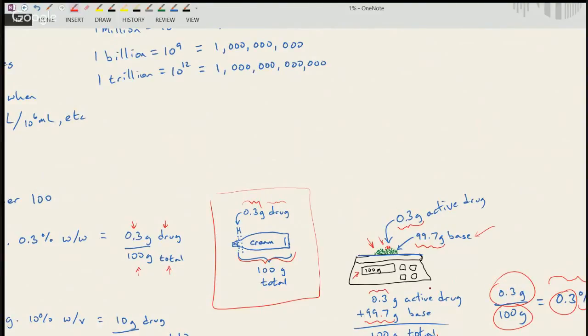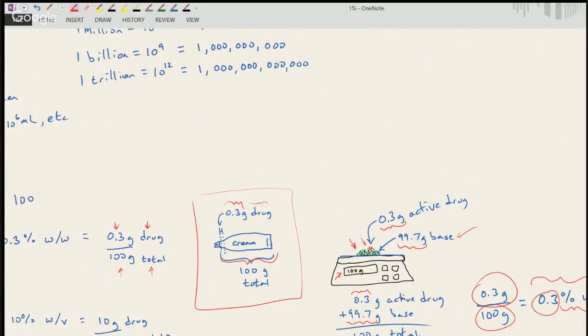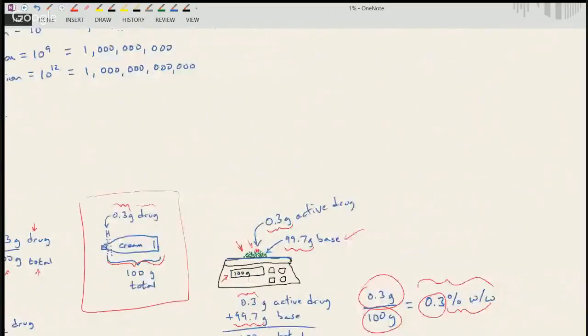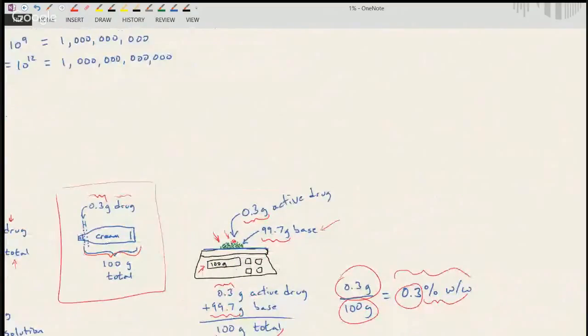That's what's meant by 20%: 20 mLs of active ingredient, 100 mLs total. So 20 mLs over 100 mLs is our ratio, equals how many mLs in 500 mLs. So we are equating these two ratios.